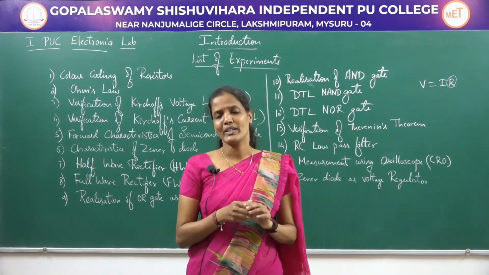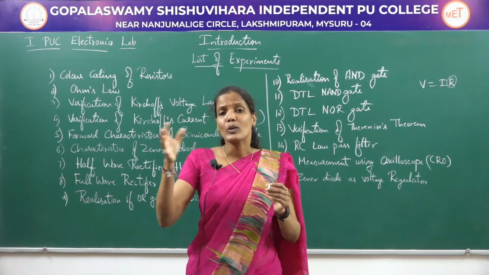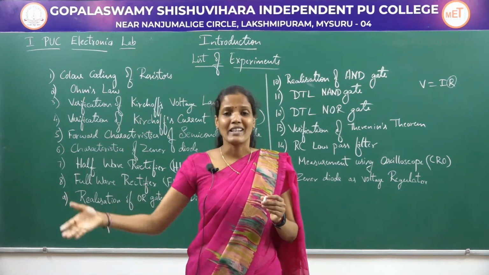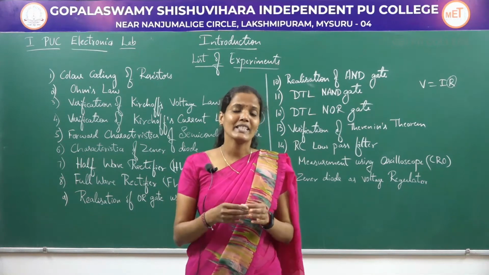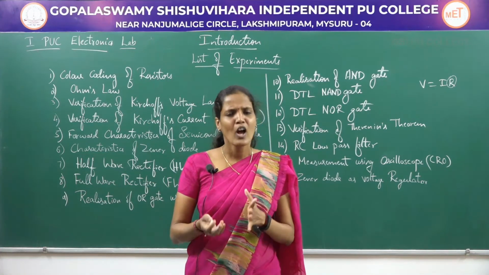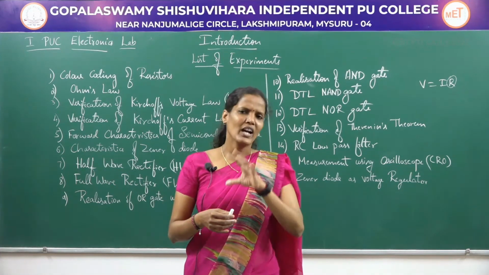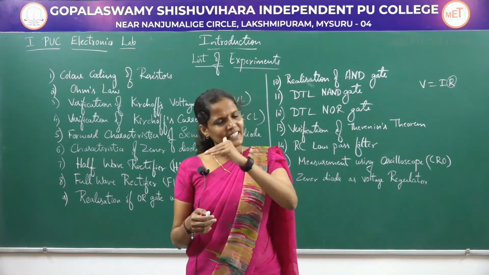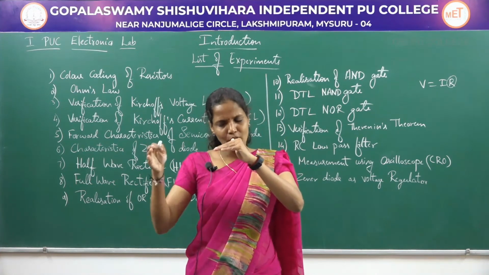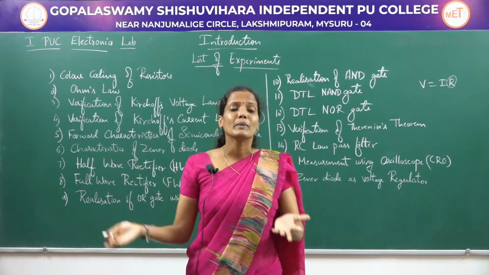But in this experiment, we are going to see how the current will be divided into different branches. Different branches might contain the same value of resistance, or different values of resistance. We are going to see that the total current entering one node must be equal to the sum of the currents leaving that particular node.